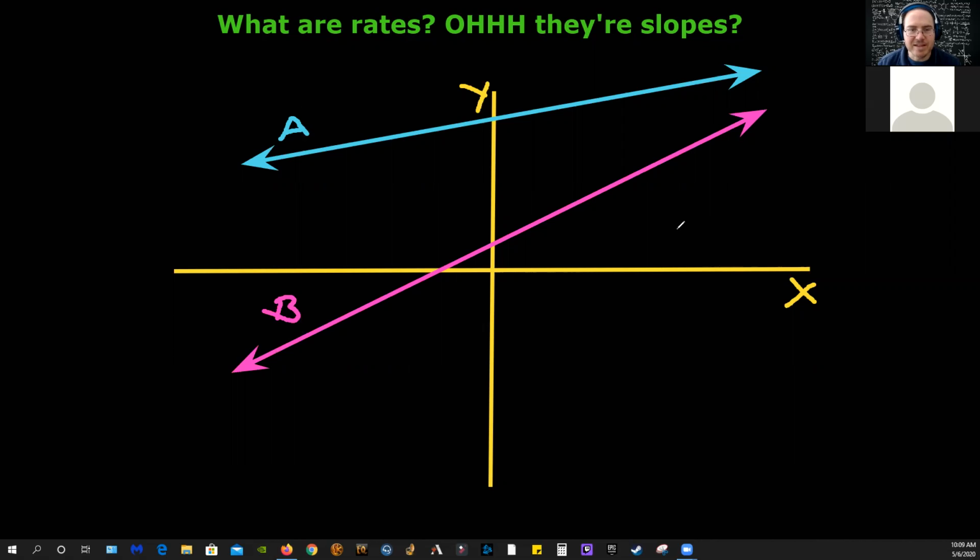Chat's getting ahead of me, that's right. Which one has the greatest change in Y or change in X? Well, the slope, the rate, those are the same thing. Basically, it's like how fast is the line going up? So here, the question is, which one has the greater slope?